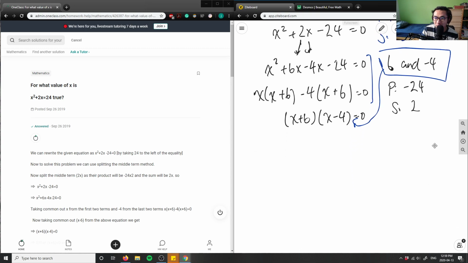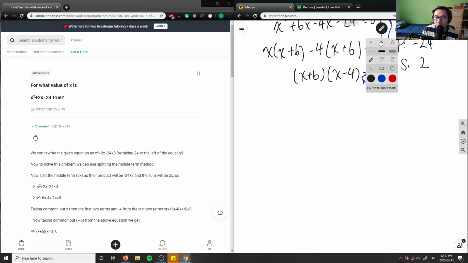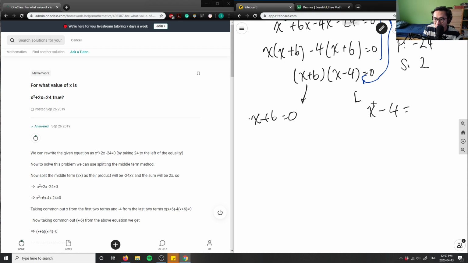After we get that, we can apply this rule, and remember, anything multiplied by 0 is 0. So we can break this down into x plus 6 and x minus 4, and set each one to 0. x plus 6 is 0, so if I move 6 to the other side, x equals negative 6.